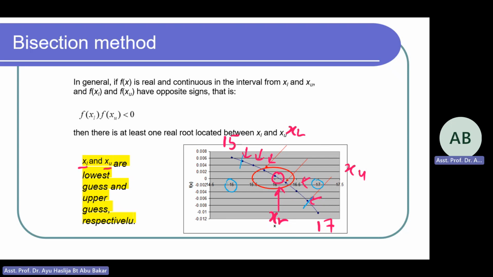Okay, so this one, we will use the equation. There is no plotting graph. The important part that you need to identify is XL and XU, whether it is given or not. If it is not given, you should ask for the value. Okay, you need this value.